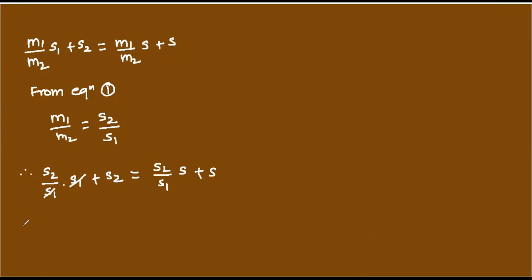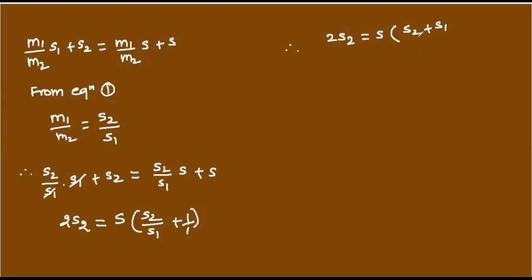This s1 and this s1 will get cancelled. s2 plus s2, 2s2 is equal to, if I am taking common, what I am getting, s2 by s1 plus 1, and therefore you see here 2s2 is equal to s, and this is nothing but 1 by 1, so you are getting here s2 plus s1 divided by s1.